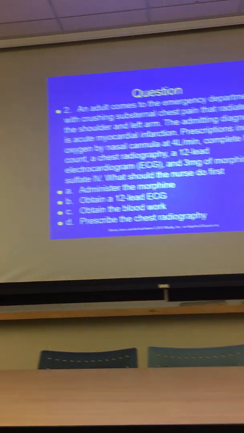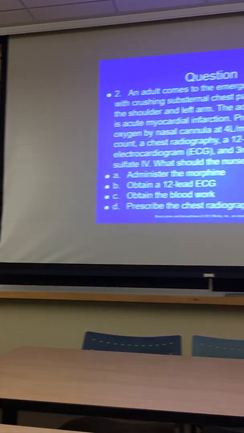This question is saying there's a patient that walked in with a diagnosis of myocardial infarction, with a couple of prescriptions: electrocardiograph, complete blood count, and chest radiography, which are normal to do, with 3 milligrams of morphine sulfate IV. What will you do first?